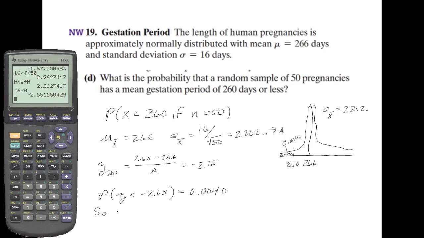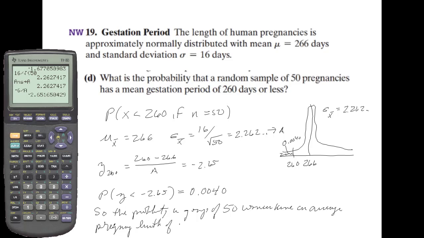So the probability that a group of 50 women have an average pregnancy length of 260 days is about 0, or I was going to say 0.4%, so 0.4%.